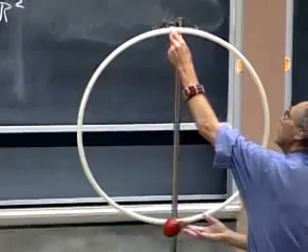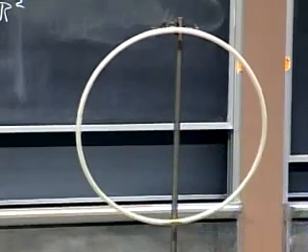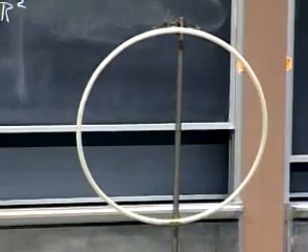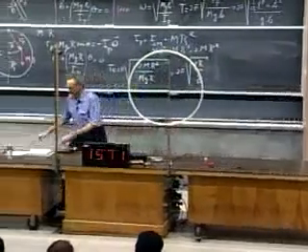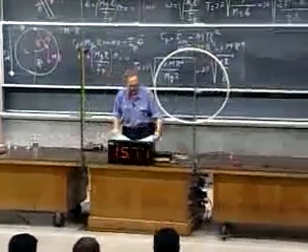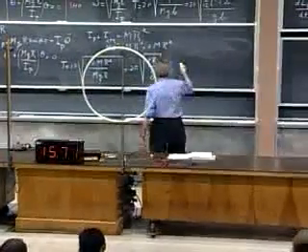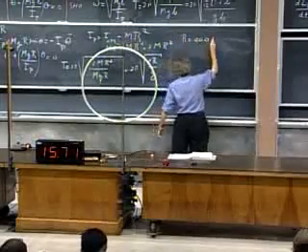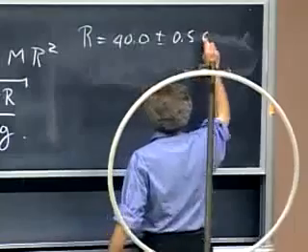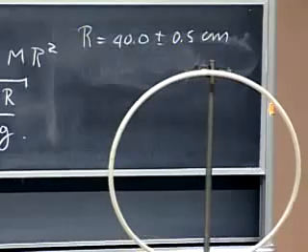So already you see that indeed that result makes sense, but now I want to go one step further. I want to do a quantitative measurement, because I know the radius of this hula hoop. The radius, I think, is 40 centimeters, and we know that to an accuracy of about half a centimeter. So R is 40.0 plus or minus 0.5 centimeters. You will say, boy, can you not measure that any better? I mean, half a centimeter, it's almost yay big.